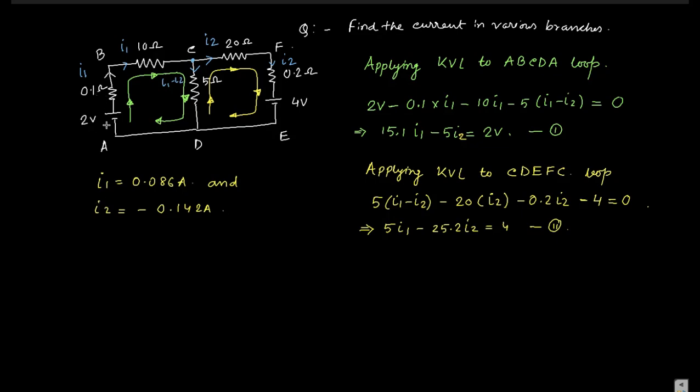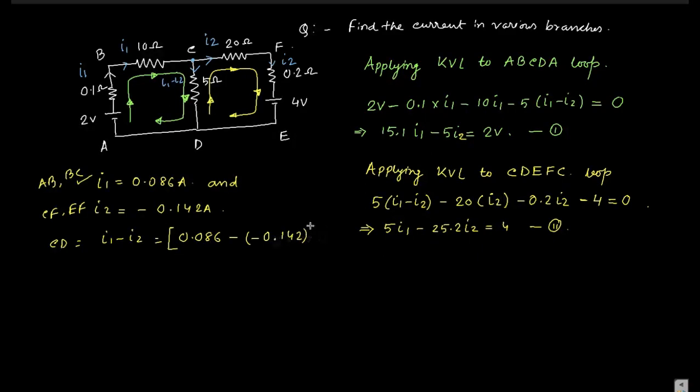So for the SB branch, the current is I1, for AB it is I1, for BC it is also I1. For CF it is I2, and for EF it is also I2, and for CD it becomes I1 minus I2, that is 0.086 minus of minus 0.142.